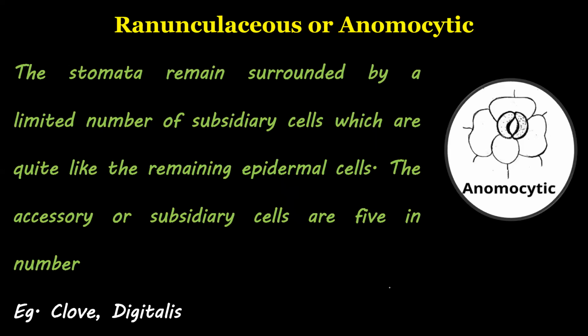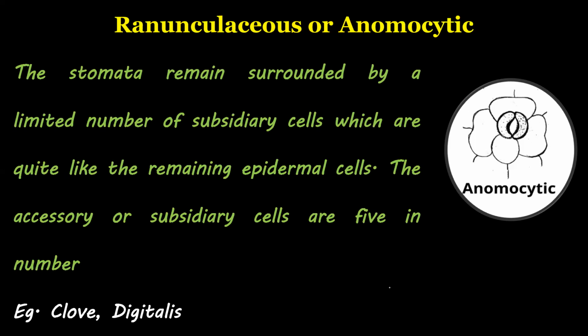The cells are irregularly shaped here, and they are very difficult to distinguish, right? The stomata remain surrounded by a limited number of subsidiary cells which are quite unlike the remaining epidermal cells. Okay, that is why it is difficult to distinguish. The accessory or subsidiary cells are 5 in number, and it is generally found in clove, digitalis, all these plants.